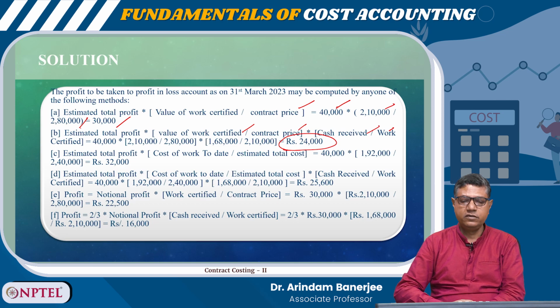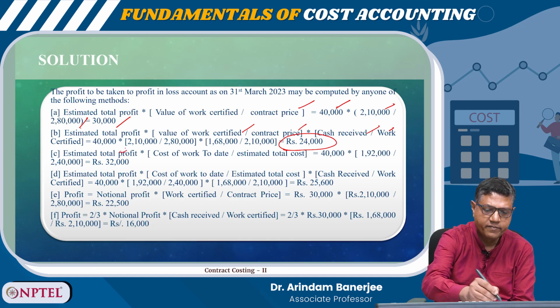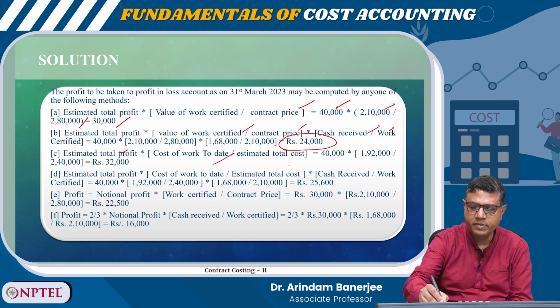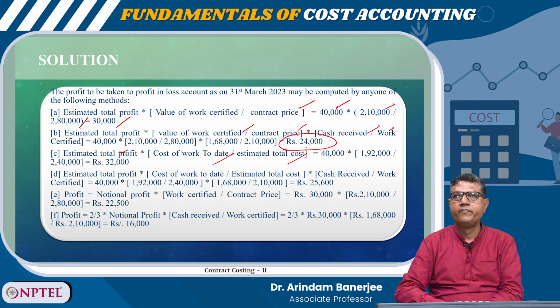In the third method, we can calculate using this formula: estimated total profit into cost of work to date divided by estimated total cost.